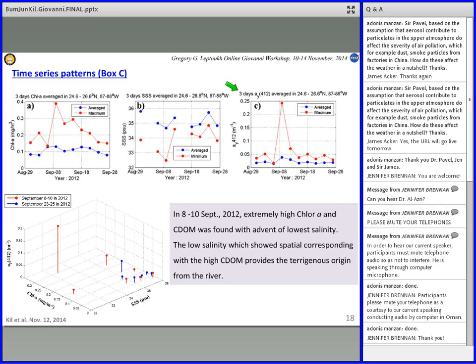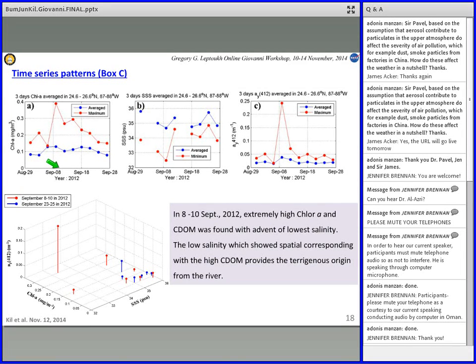The average chlorophyll A, sea surface salinity, and CDOM absorption during the event of the optical tail are shown for box C, the red box. The high amount of chlorophyll A right here and the CDOM in the optical tail was observed from September 8th to 10th.